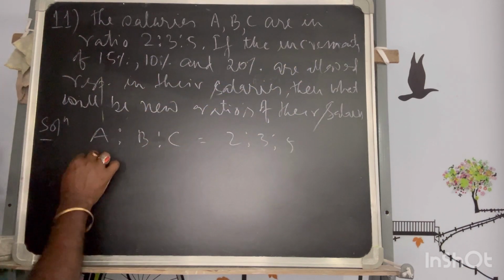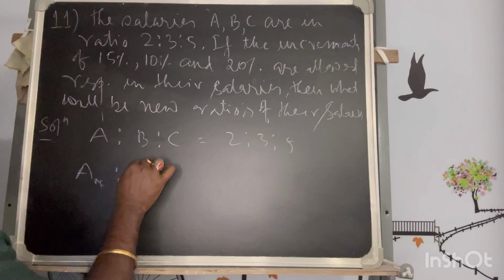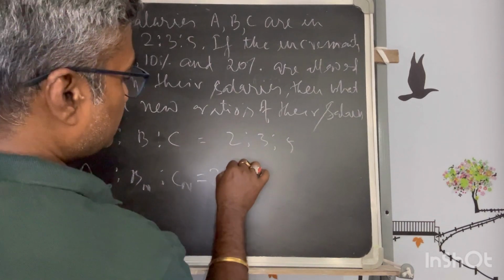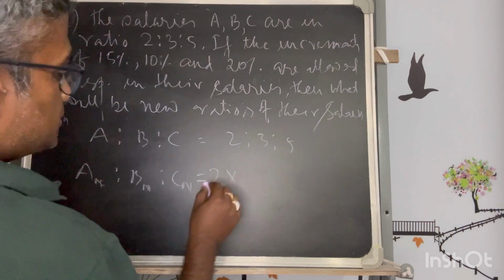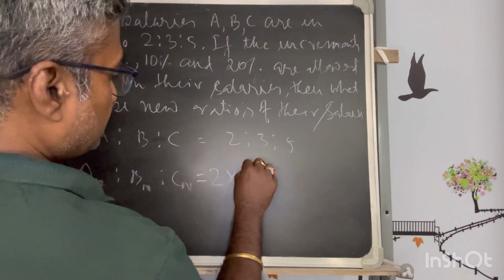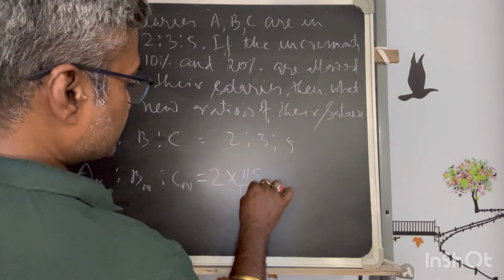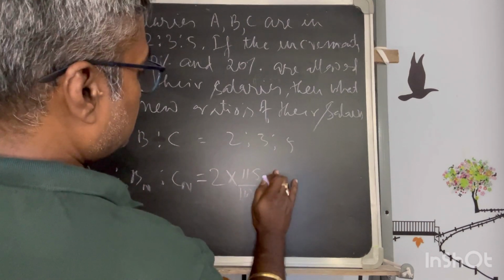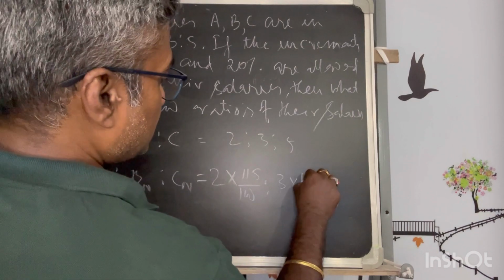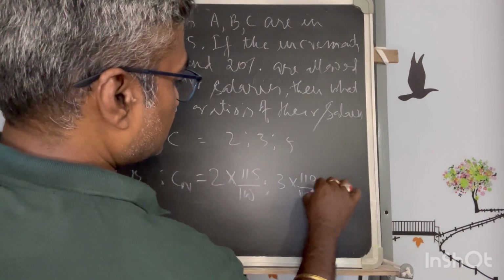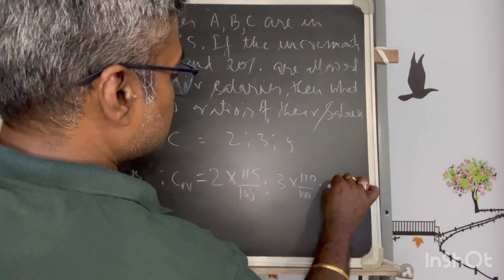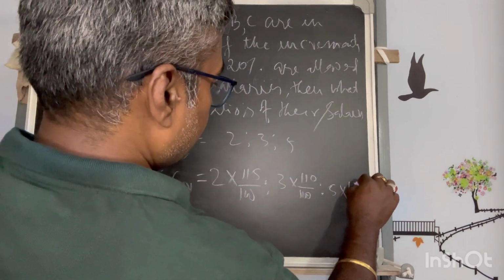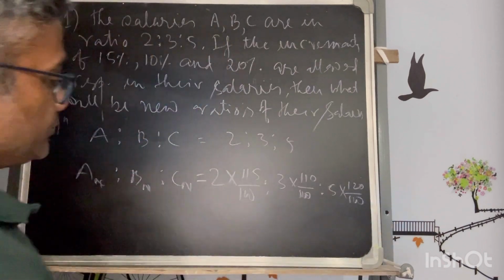So for this kind of new salary ratio, I have to put the increment along with the initial ratios. What I did earlier also, this is A's new salary, this will be B's new salary, and the third one is C's new salary. So this will be the ratio of new salaries.